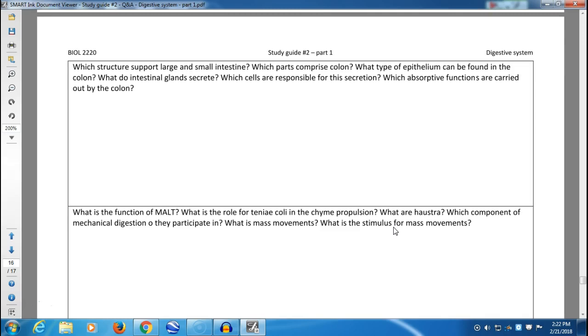Mucosa-associated lymphoid tissue, immune responses. What is the role of taenia coli? They help mass movements, right? Haustra are the bags. Identify them on the bigger picture of the large intestine, okay?